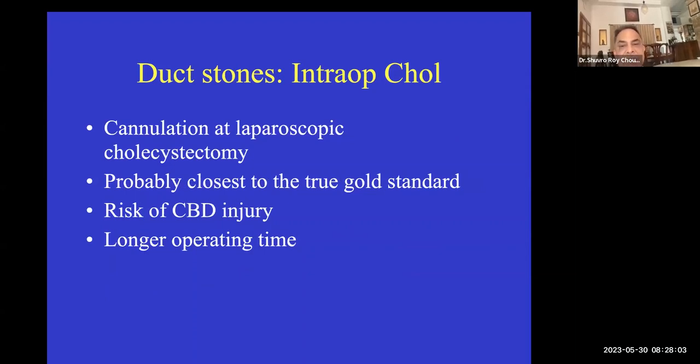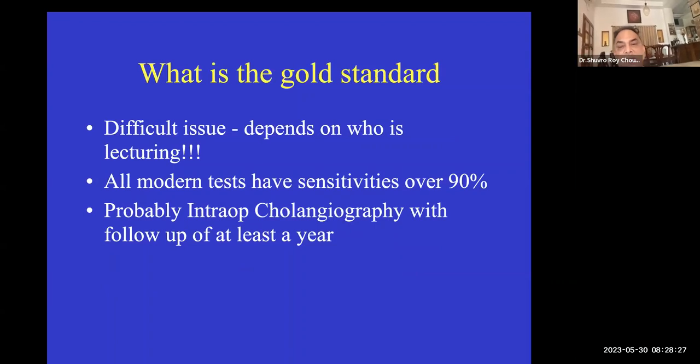Lastly, I want to talk about intraoperative cholangiography, cannulation done at laparoscopic cholecystectomy. It probably is the closest to the true gold standard, because you can also identify, but there is a risk of CBD injury and longer operative time. So what is the gold standard? It's a difficult issue.